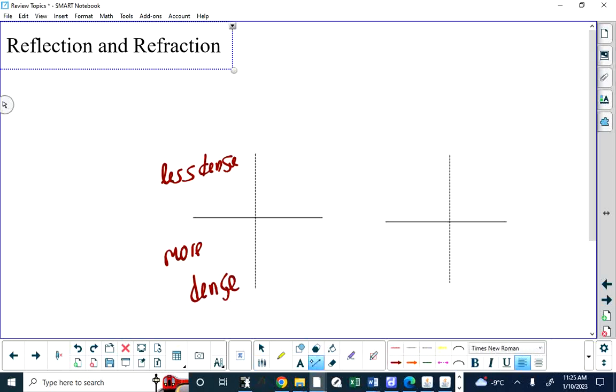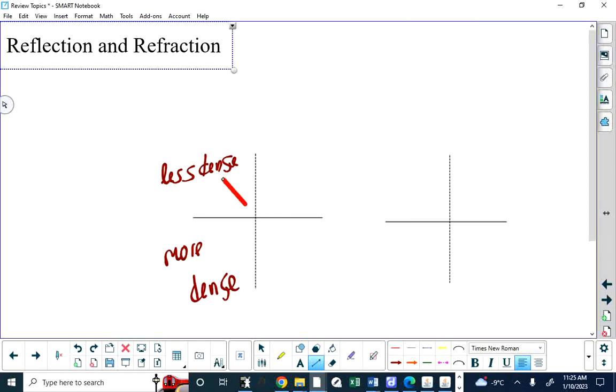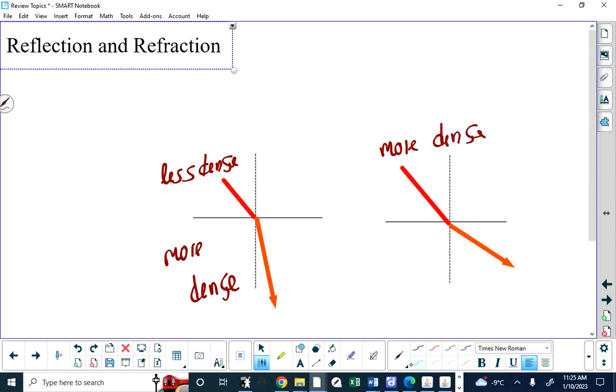If you have a wave traveling from less dense to more dense, what will happen is the wave will change direction like that. But if you have the wave traveling from more dense to less dense, then it does that.